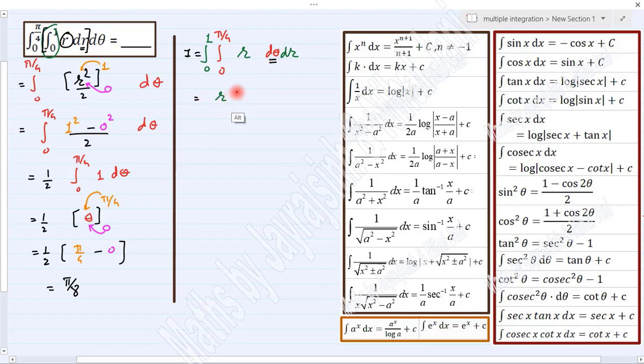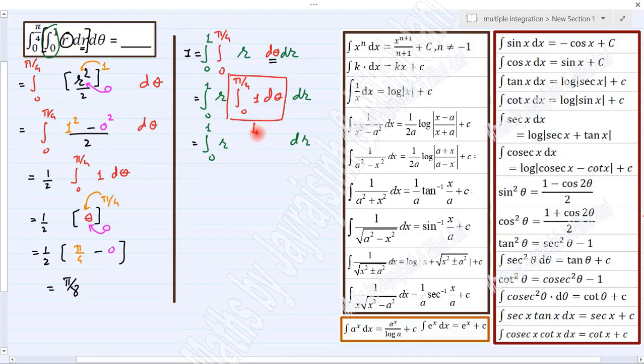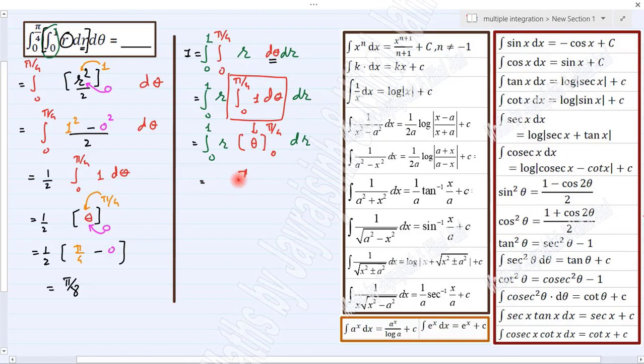So r will be constant, and we just have to integrate 1 with respect to theta. Your outer integration still remains as it is, and integration of 1 with respect to theta will be theta. Limit is from 0 to pi by 4, which will become pi by 4, which is purely a constant term. Rest of the things will be as it is.